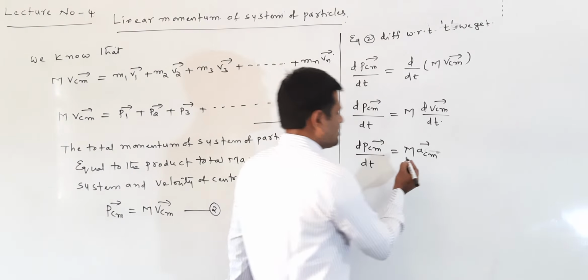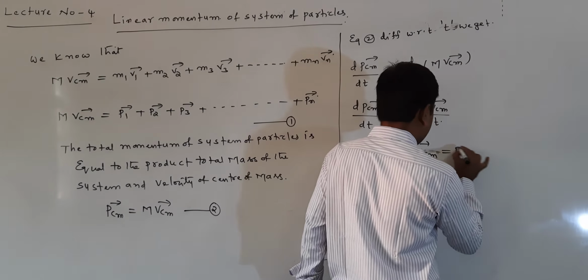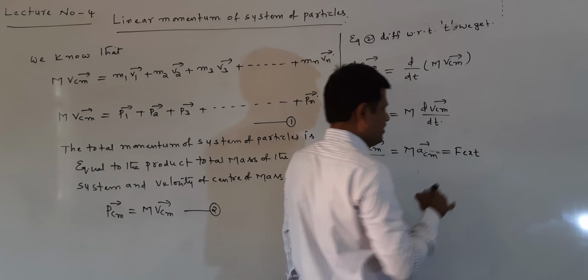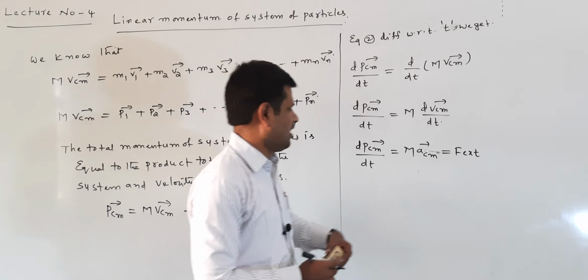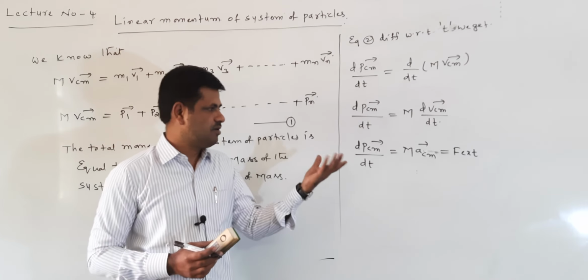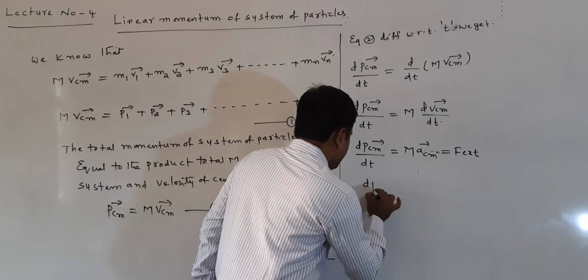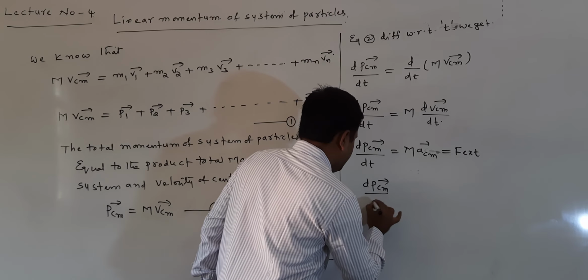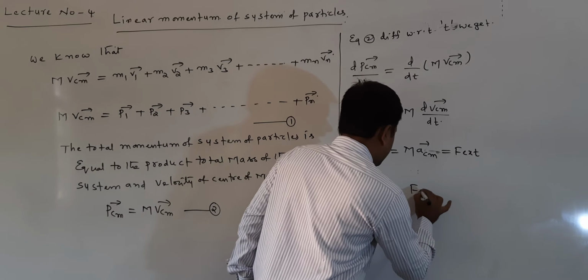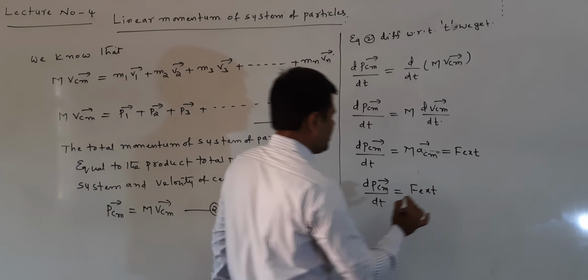Already we know from the motion of center of mass that m into Acm bar is equal to F external. So dPcm bar by dt is equal to F external. This is equation number 3.